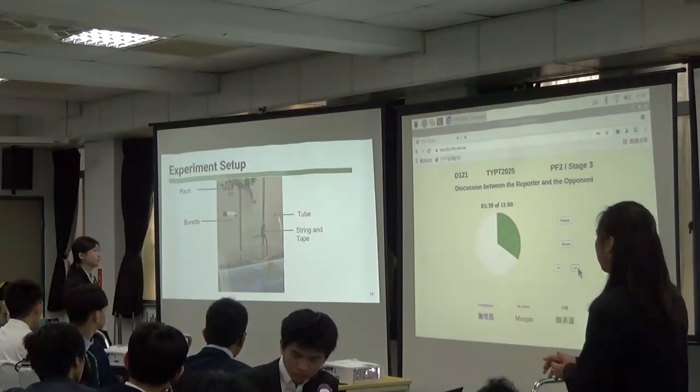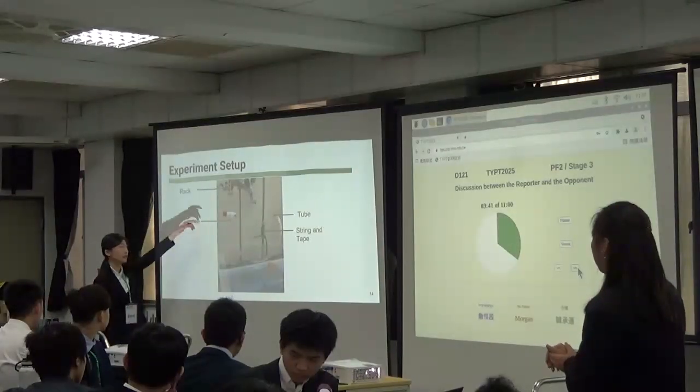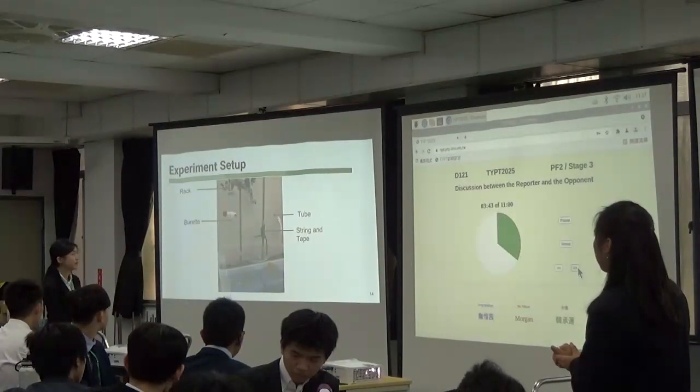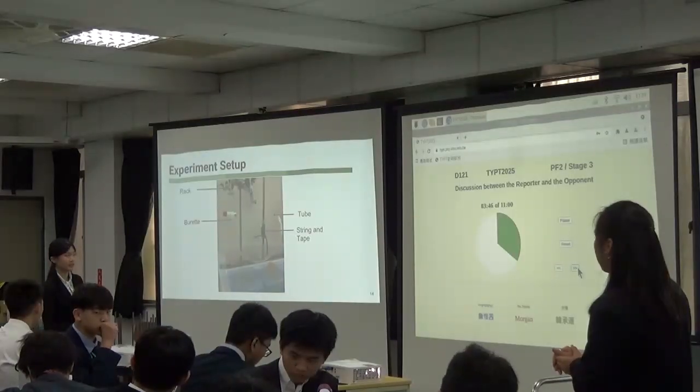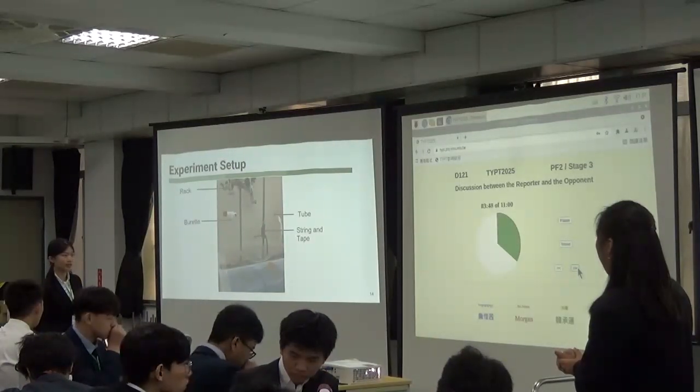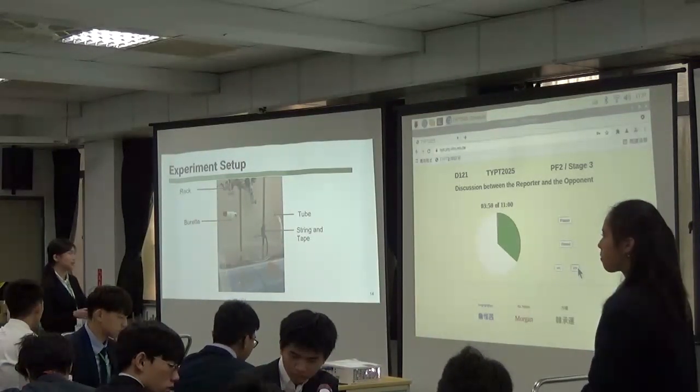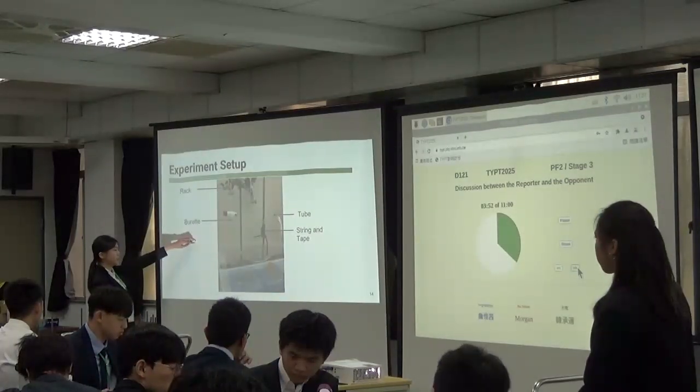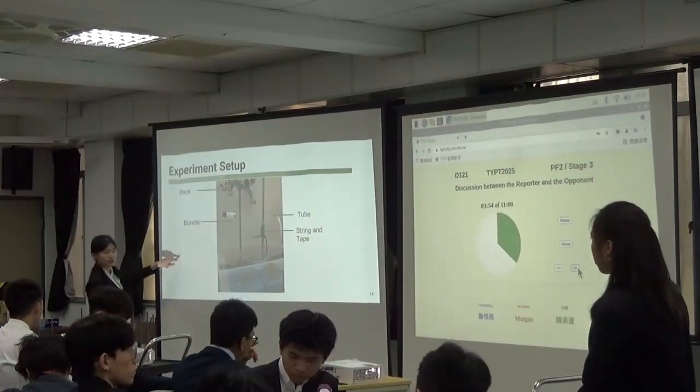I don't observe the volume from this one. I observe from the top where there are some numbers, and because the bubbles accumulate on the surface of the water, I just see the water level decrease.